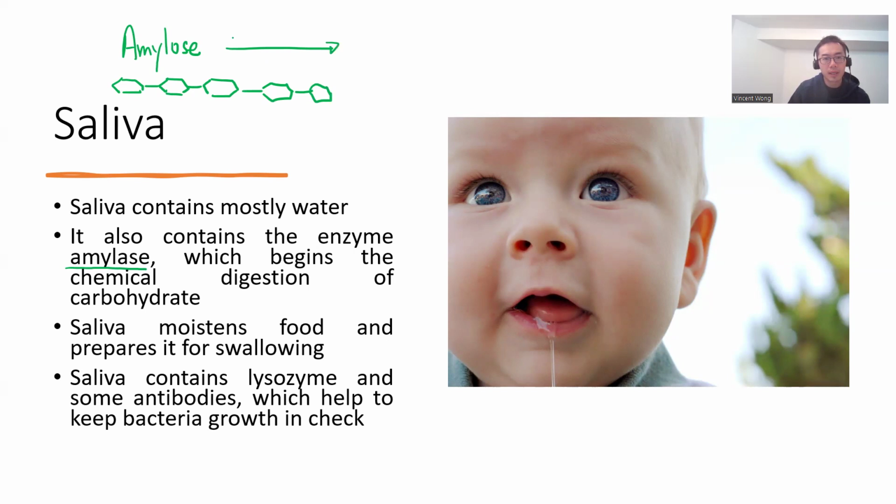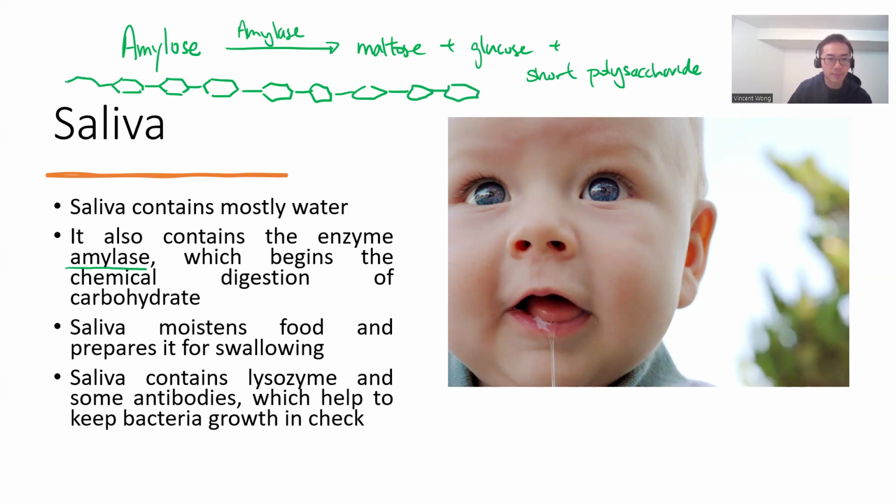And when you expose it to amylase, you either break it down into maltose, or glucose, or some short polysaccharide. My drawing is getting worse and worse, but basically this is amylose, a long chain of glucose, and the amylase will chop it up. It might chop it up into individual glucose, it might chop it up into short chains, it might chop it up into maltose. It just cuts it up a little bit.